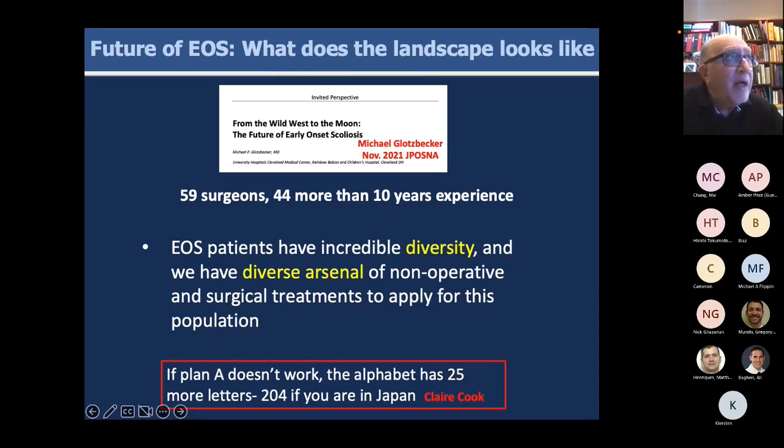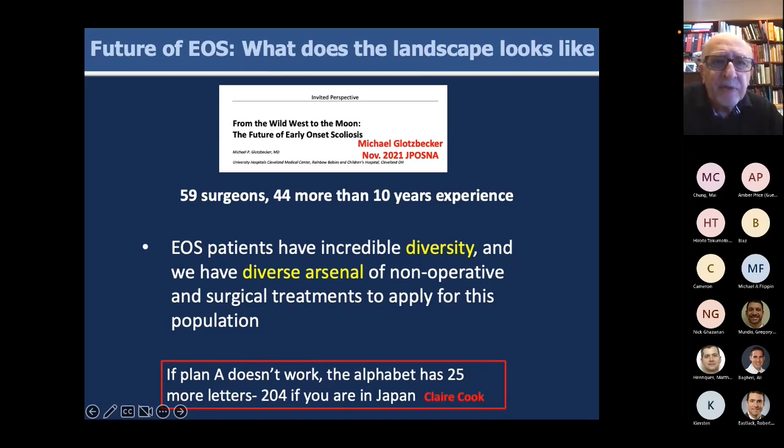I think I came up with an article of Mike Glotzbecker that really talking about the evolution, and it is another survey. So it's still on the era of opinion.